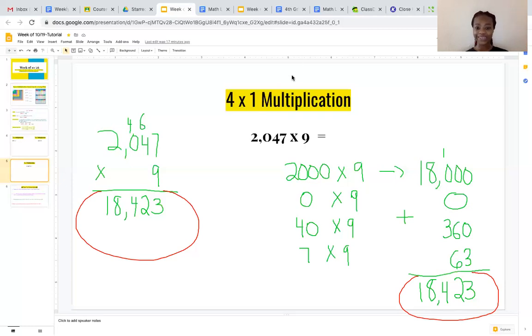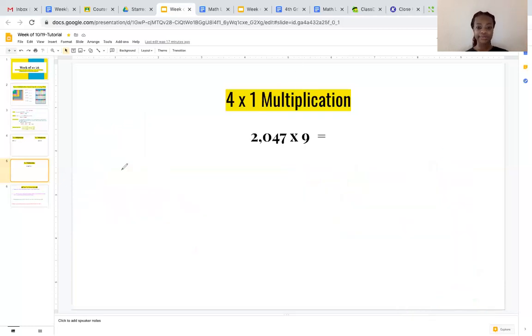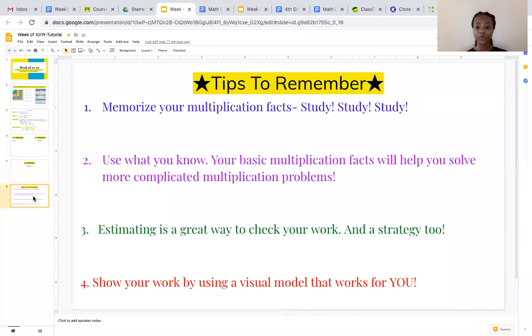So as always, and these are the same tools that I shared with you last week. They're very important. They're very useful. So let's just go over them quickly. Super important. Memorize your multiplication facts. So study, study, study. Use your basic multiplication facts knowledge to help you with more complicated multiplication problems.